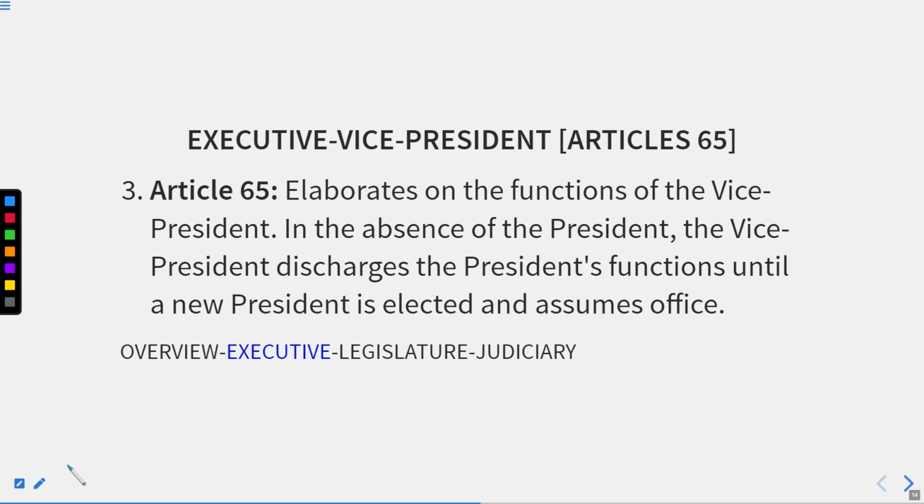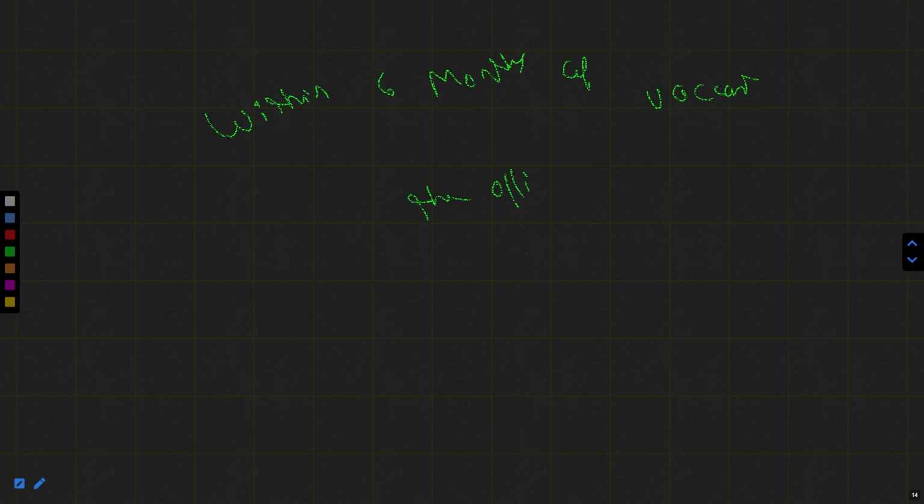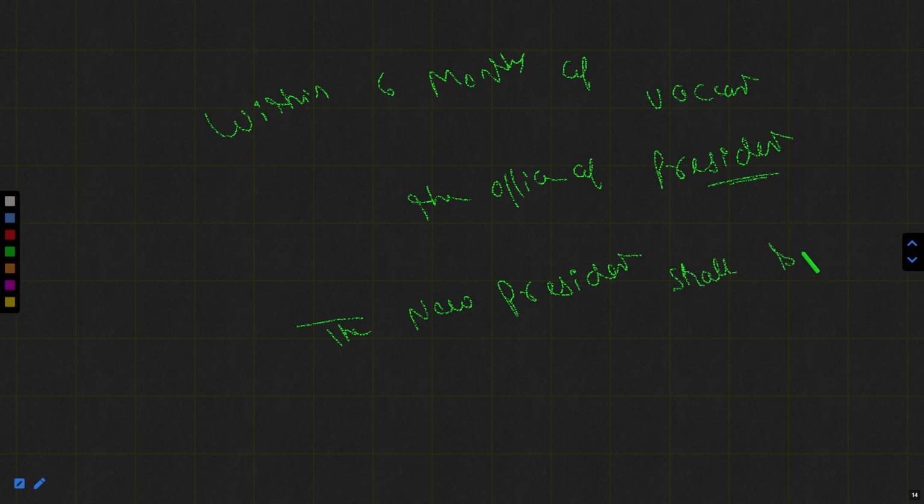And there is a provision or mandate that within 6 months of the vacancy of the office of President, the new President shall be appointed.